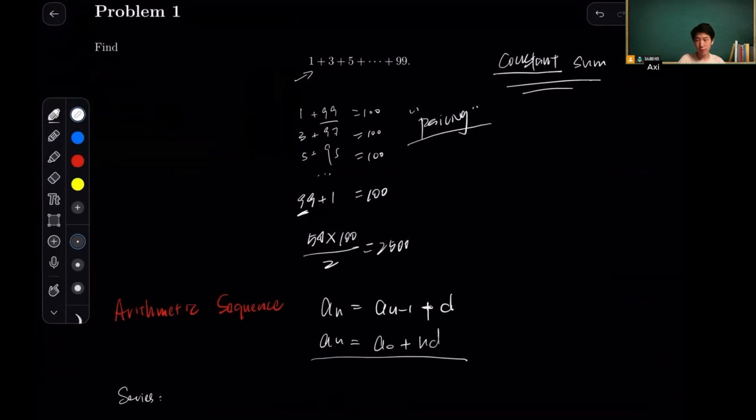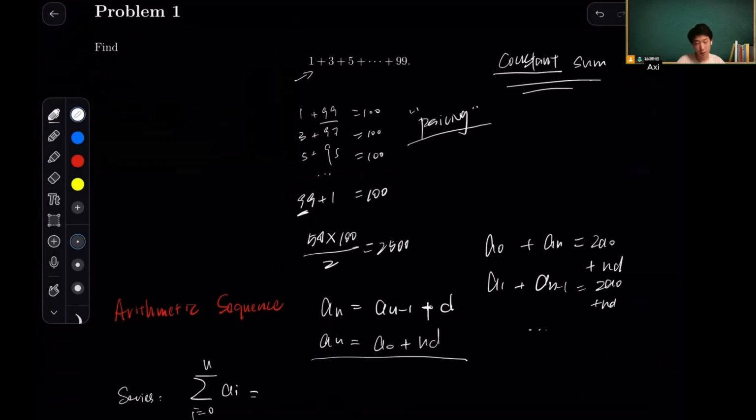So the arithmetic series formula, which is basically the sum of ai from i equals 0 up to n, is again the pairing technique, because a0 can be paired with an. The sum of these two is 2a0 plus n times d. a1 plus an minus 1 similarly is 2a0 plus nd, etc. So everything is the same.